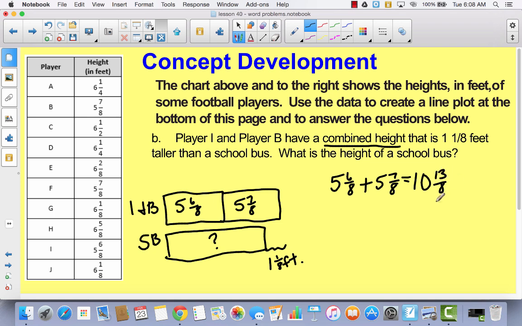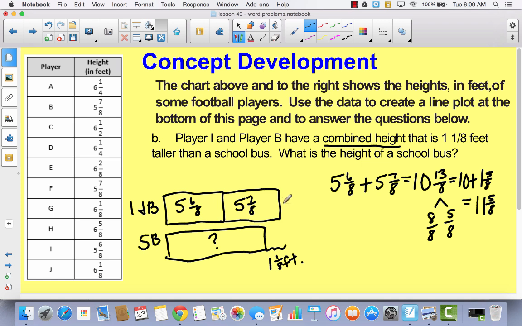Well, I can't leave this an improper fraction, so I'm going to go ahead and use a number bond and make this 8/8 and 5/8. So that gives me 10 plus 8/8 is 1 whole, and then my 5/8. So together, this would equal 11 and 5/8. So this is how tall player I and player B are together.